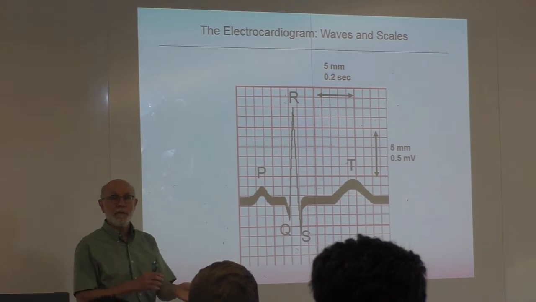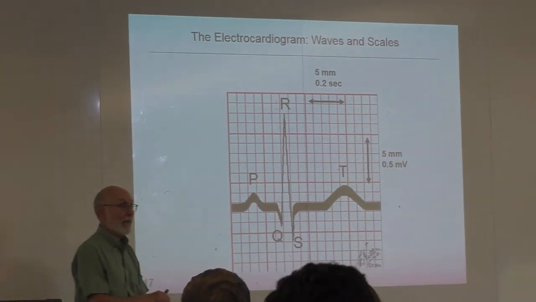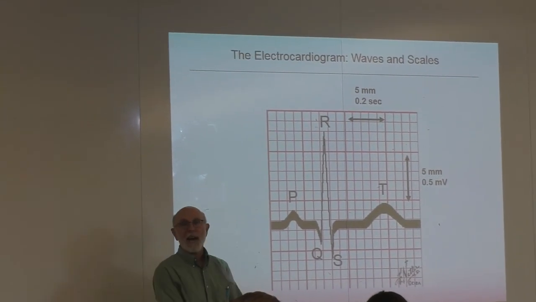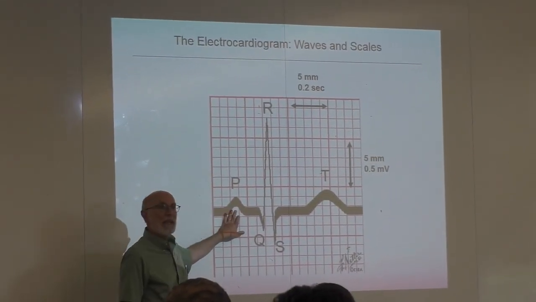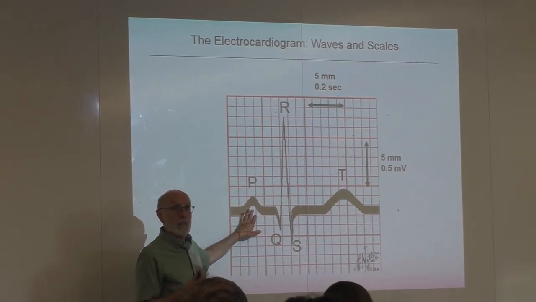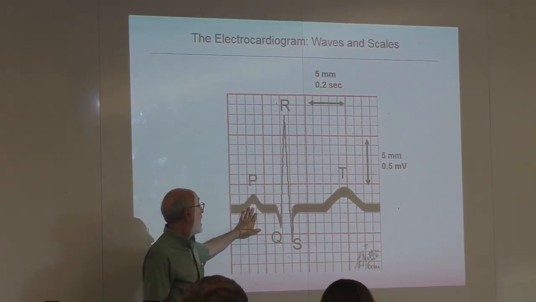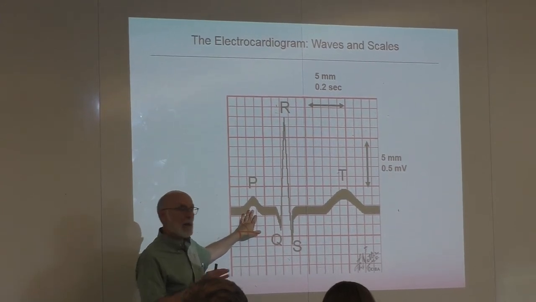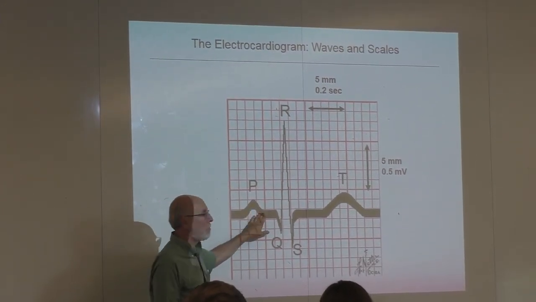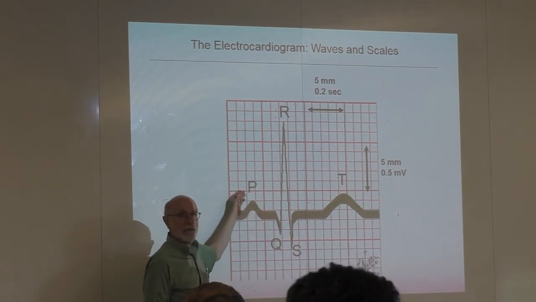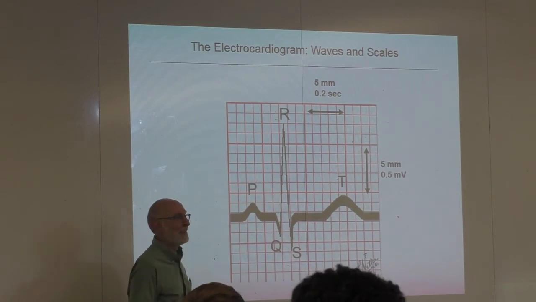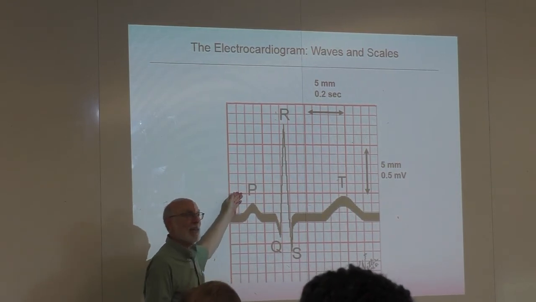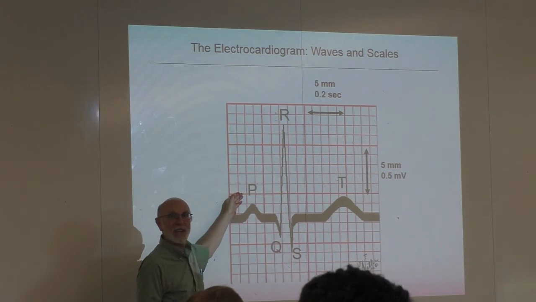So here is a blow up of the squiggles of the electrocardiogram. And like everything else, each of these squiggles has a name. We're going to call the little bump that's associated with atrial depolarization the P wave. Everybody in the whole wide world calls this little bump of the electrocardiogram the P wave. I think in every culture where they take electrocardiograms, they call this the P wave. I'm actually not sure about that.